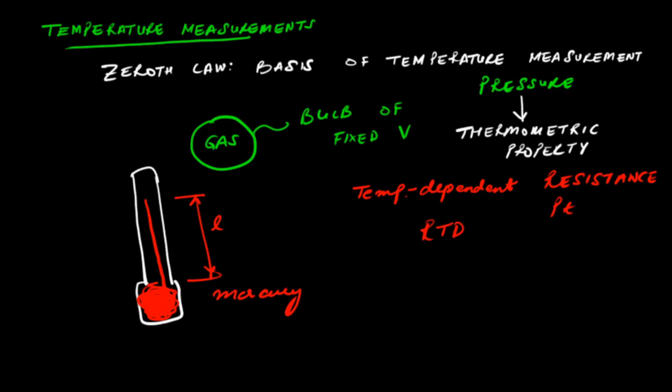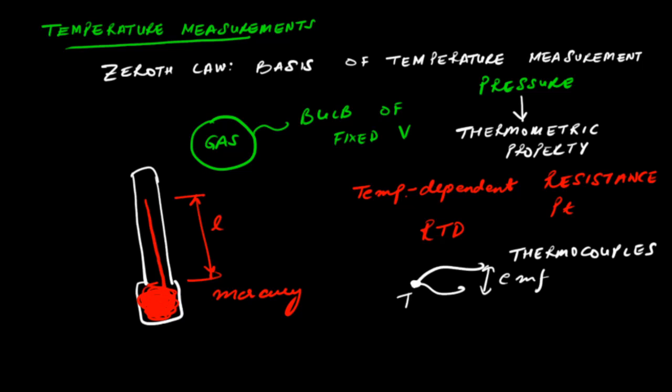Another type of thermometric property that is used in thermocouples is that if you have two distinct materials, for example two different alloys, and their wires are joined or welded to form a junction, then the potential difference or the EMF that you measure at the ends of these wires will depend upon the temperature.